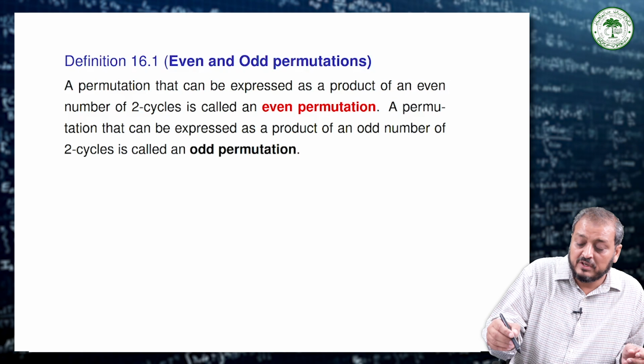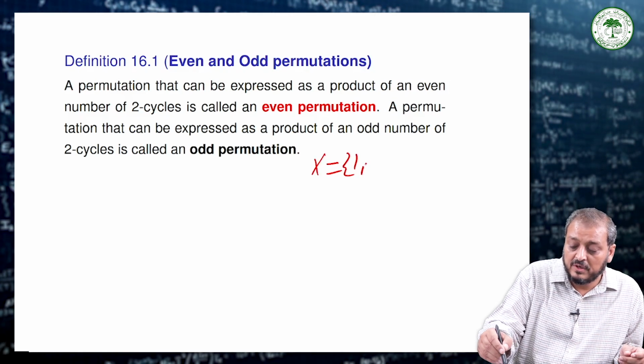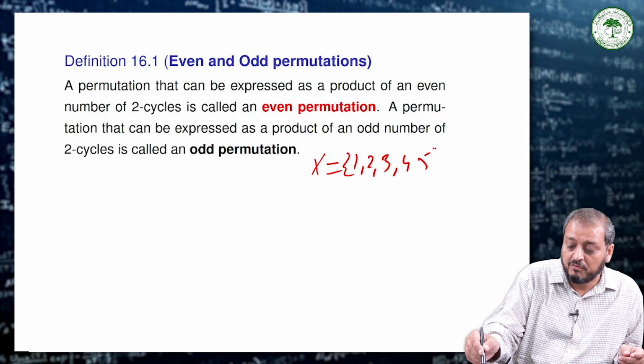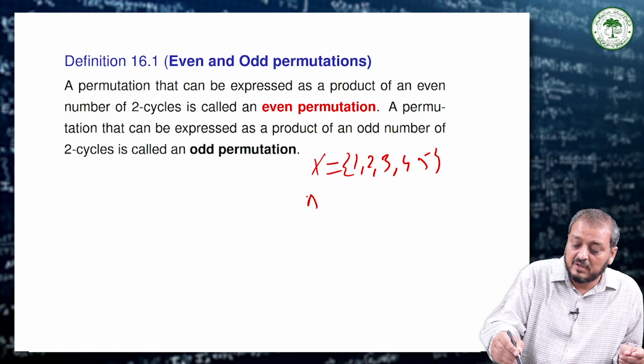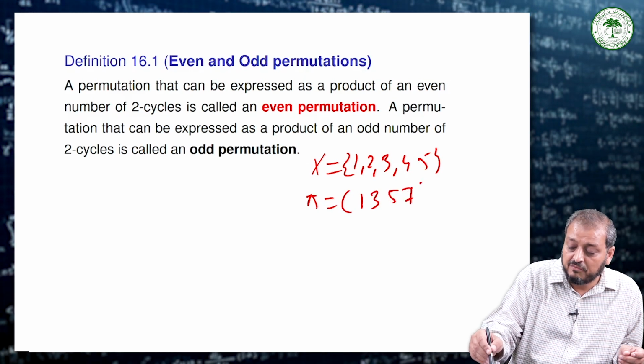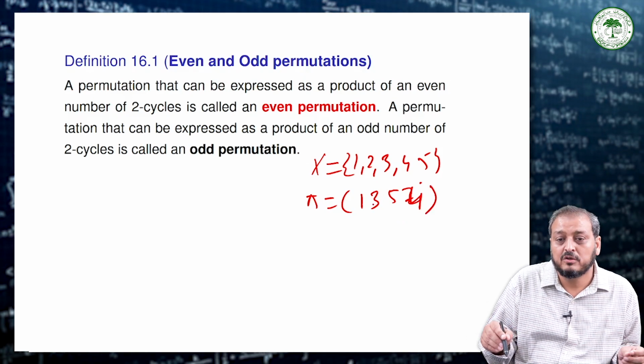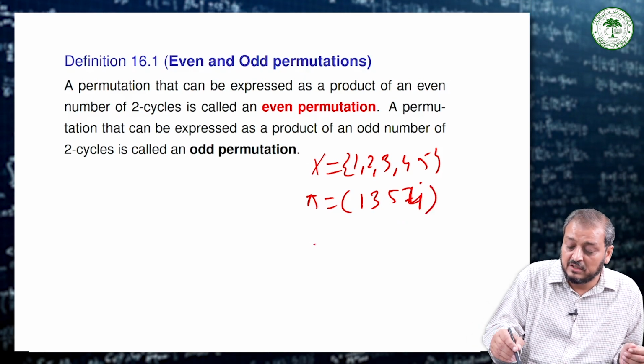For example, suppose we have X equal to 1, 2, 3, 4, 5, and pi is a permutation, (1 3 5 4). We write it in transposition form.